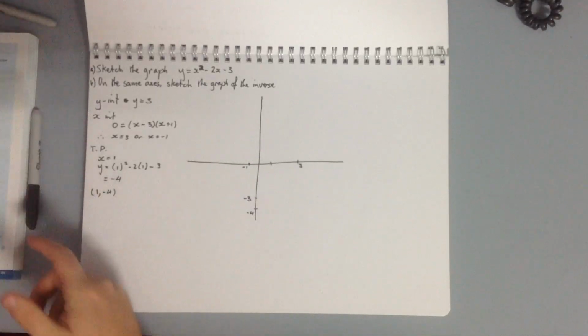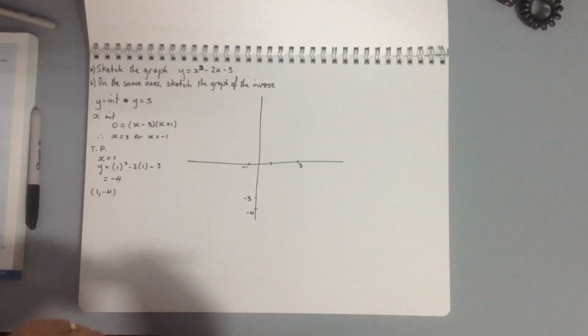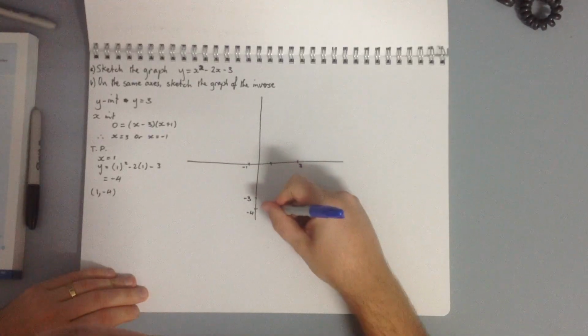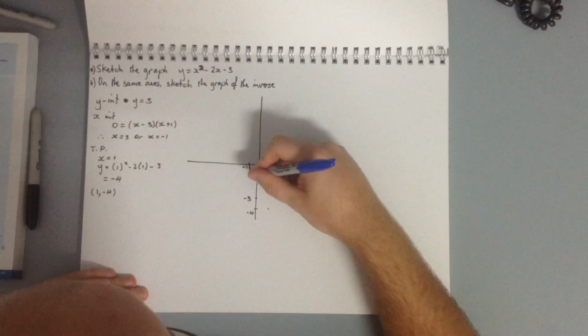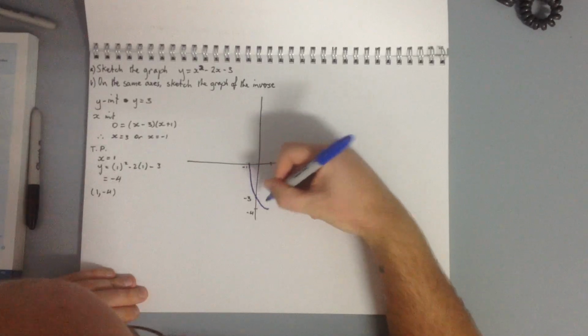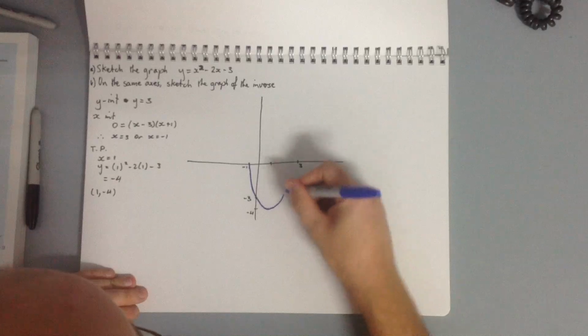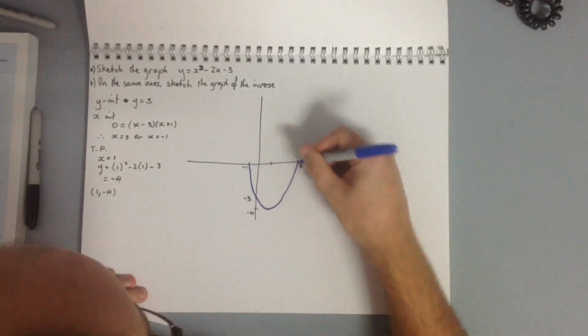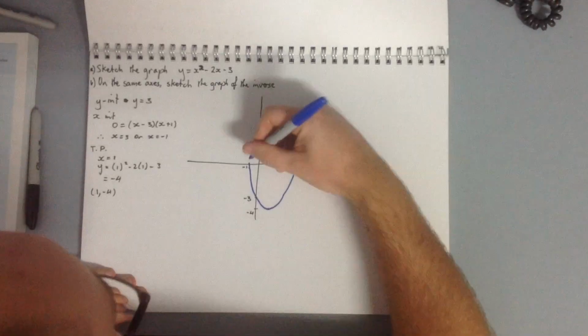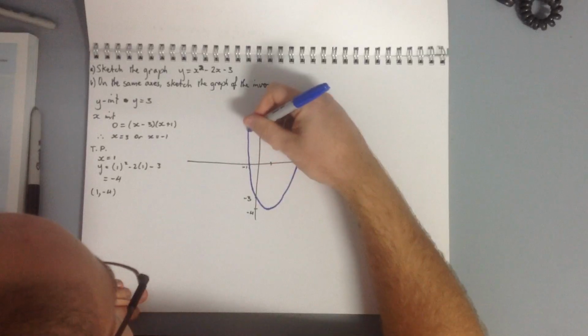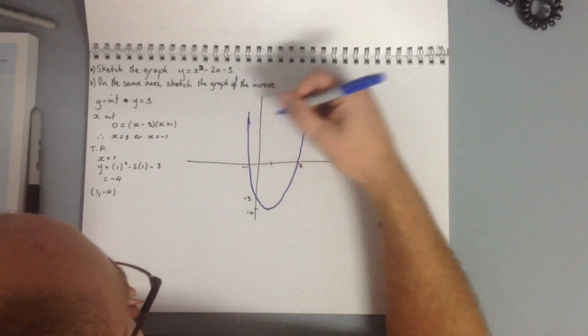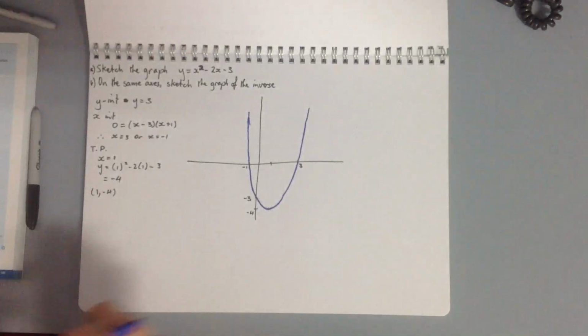Now we can draw our graph. So now our turning point's here. It's going to be something like that.